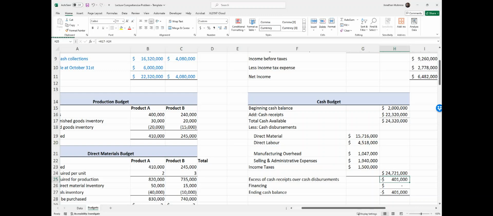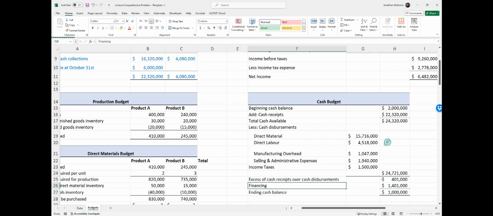Normally management will sit there and say, okay, we have to go and borrow, but we need to maintain a certain amount in the bank account. So let's say the manager for Starflyer says, we want to maintain $1 million in our bank account. So they would have to borrow to cover the deficiency and also to maintain that 1 million. Starflyer management would have to go to the bank and get 1,401,000.